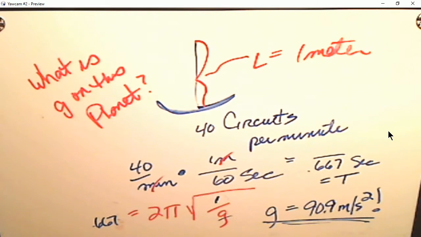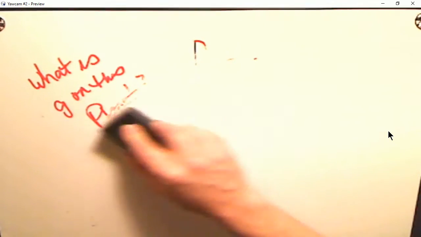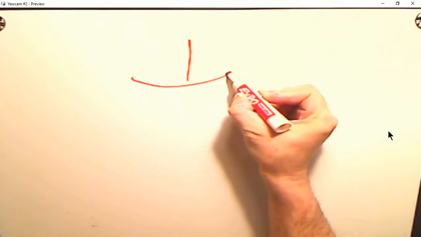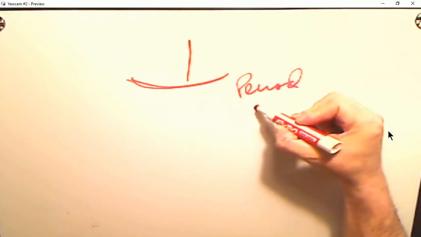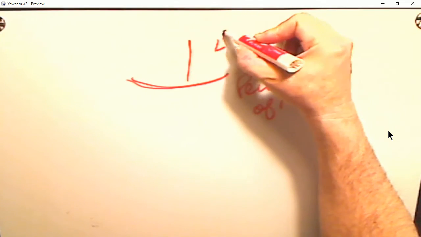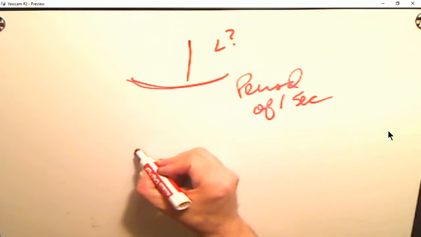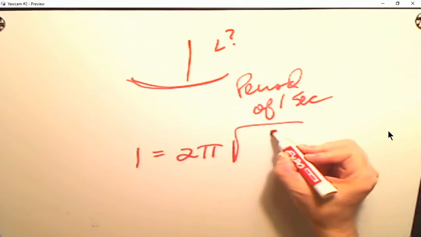We could also do an example where we talk about a clock. If we want a clock to have a period of 1 second on Earth, what should the length be? Well, again, very simple stuff here, right?